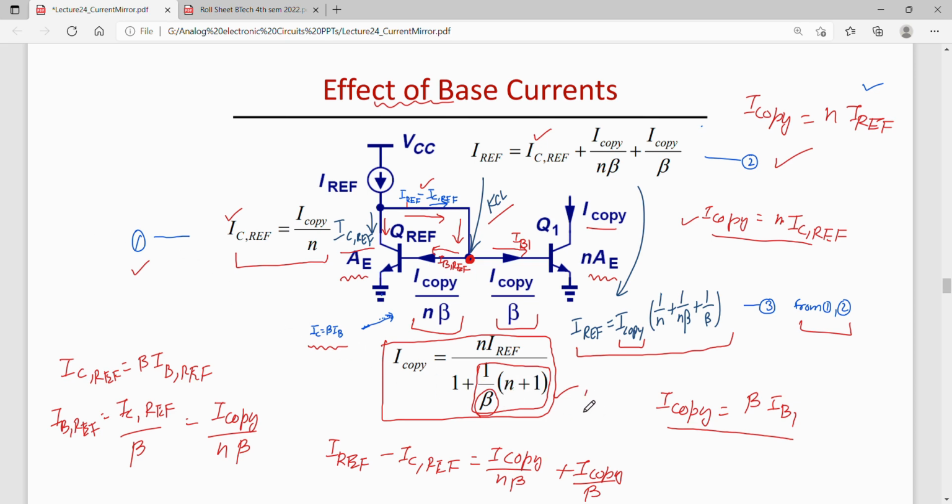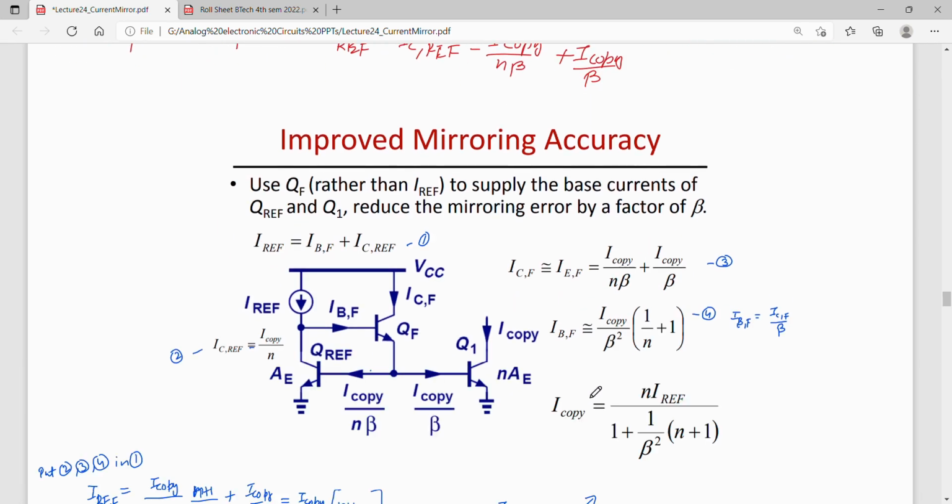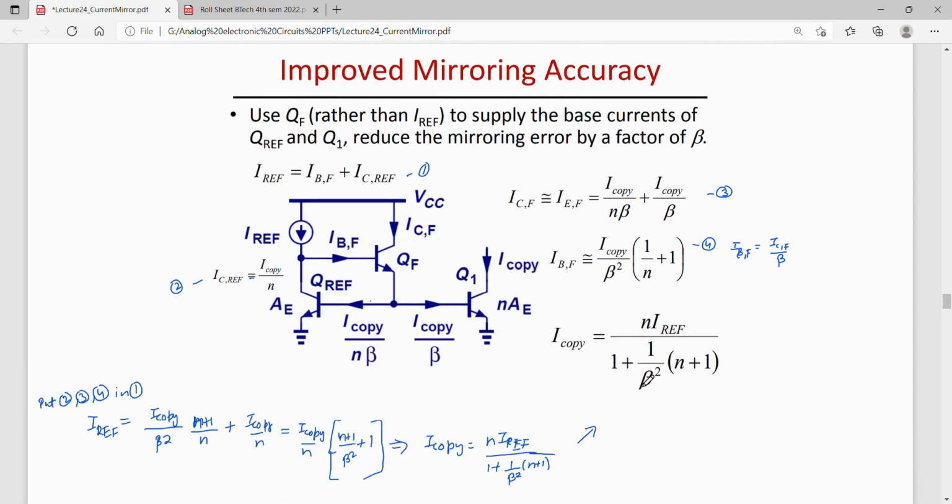Mirroring accuracy can be improved if I can reduce this term by increasing beta. So let us see how to increase the mirroring accuracy. So the mirroring accuracy can be improved if another transistor QF here is used.